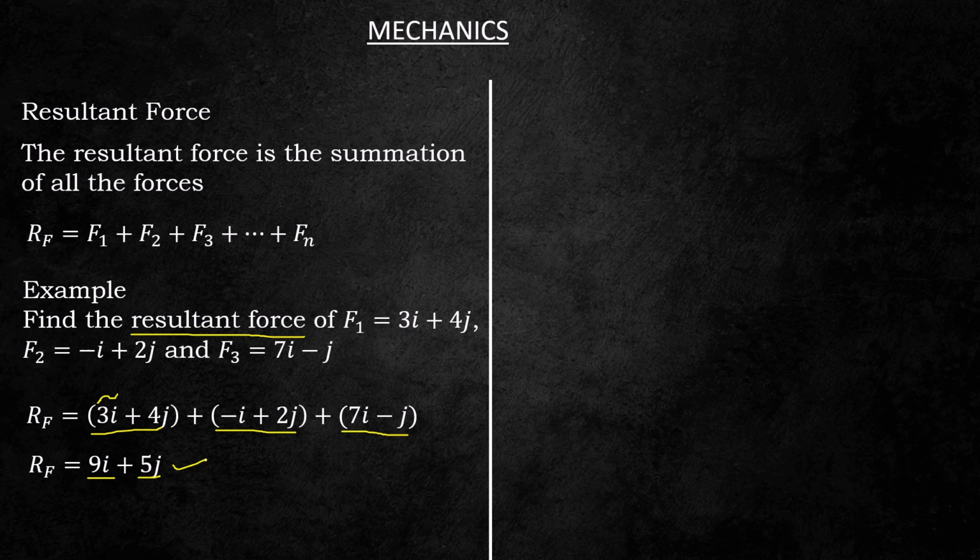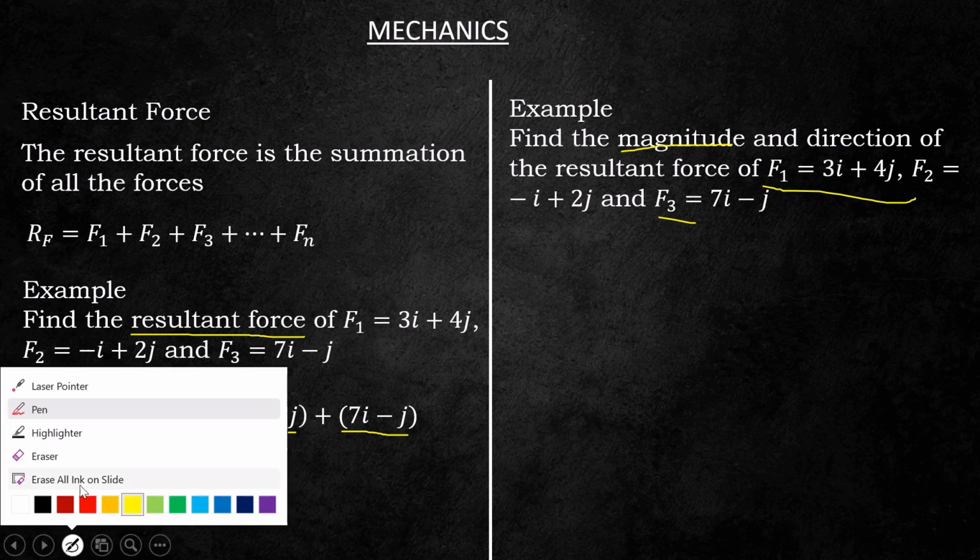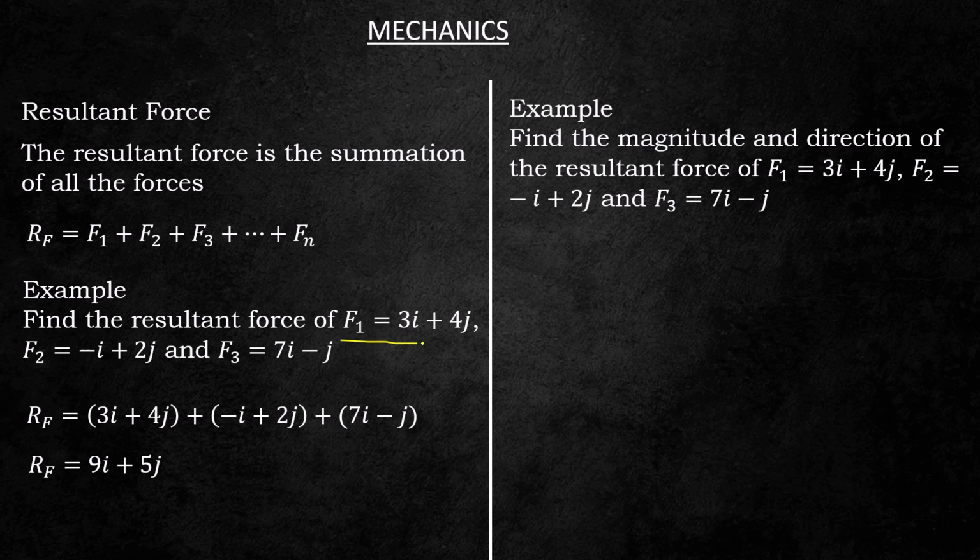Okay, now let us take a look at this second example over here. With this example, we are to find the magnitude and the direction of the resultant force of F1, F2, and F3. F1 is 3i plus 4j, F2 is negative i plus 2j, F3 is 7i minus j. So you realize that it's the same forces that were given to us over here.